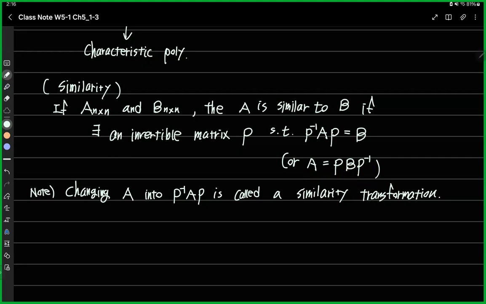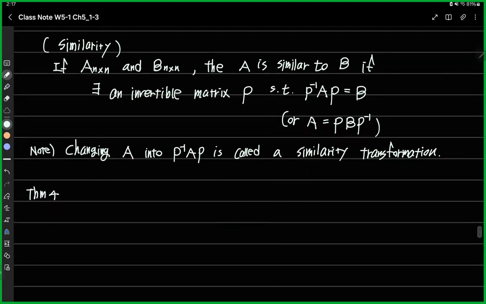But yeah, so here's the theorem: if two matrices are similar, then they have the same characteristic polynomial and hence the same eigenvalues. You may wonder why, if B is a diagonal matrix, the eigenvalues of A are the diagonal entries of that diagonal matrix.